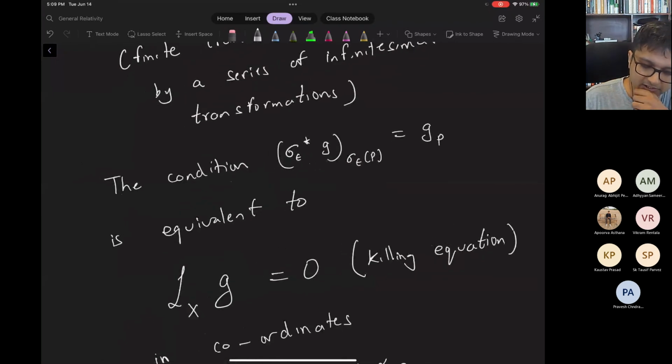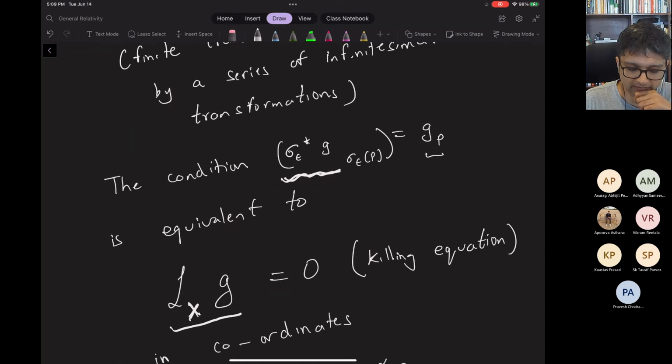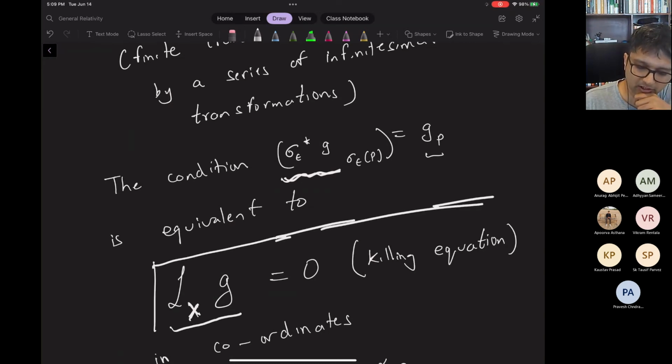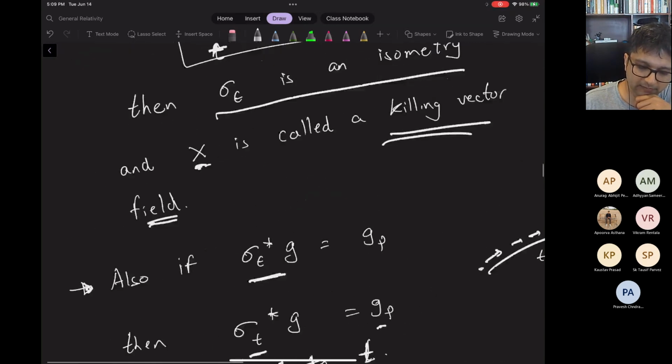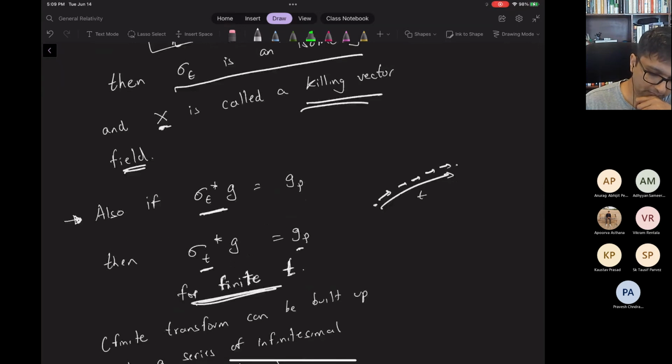Now this condition that we had, that the pullback of the metric g is equal to the original g, is equivalent to the statement that the Lie derivative of g, taken along X, is 0. This is the definition of what we call the Lie derivative. By definition, we are comparing g being pulled back with the original metric.